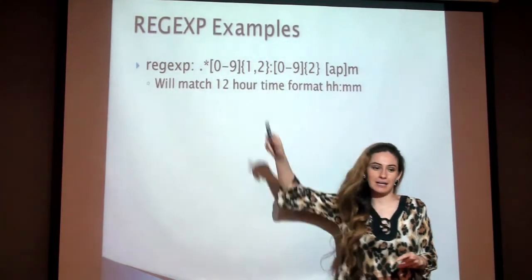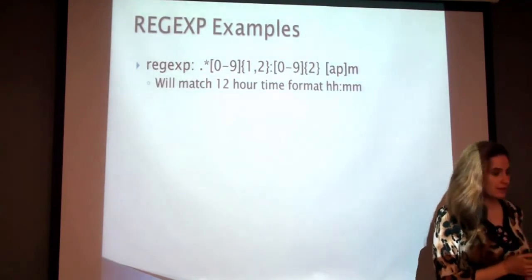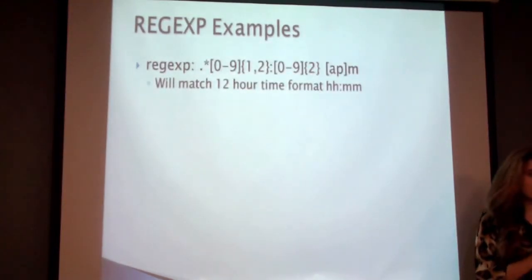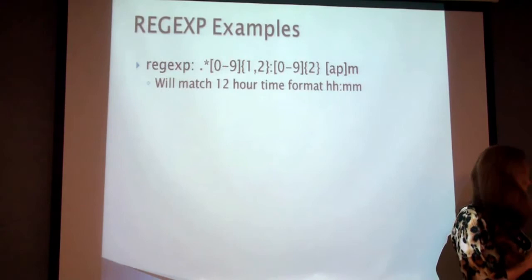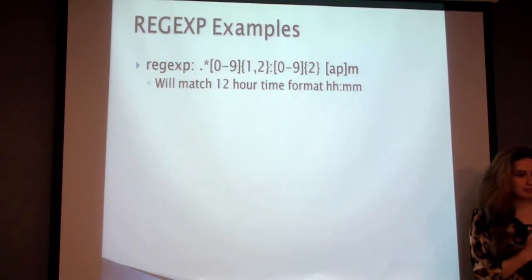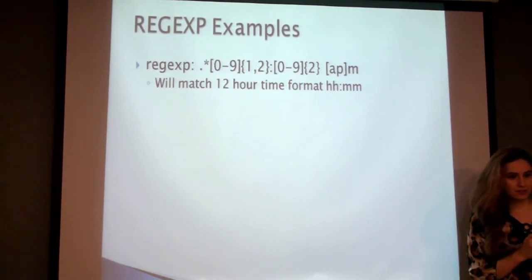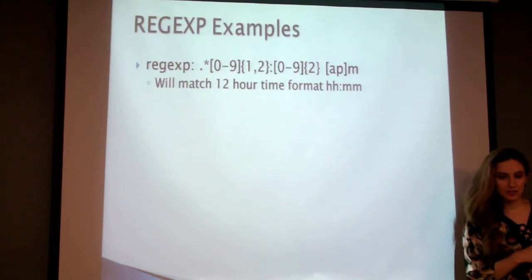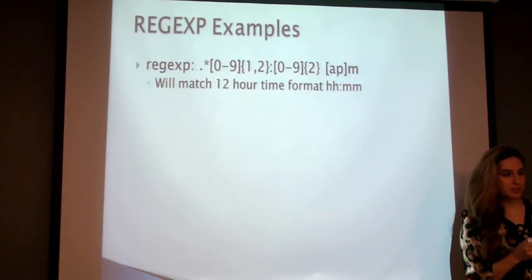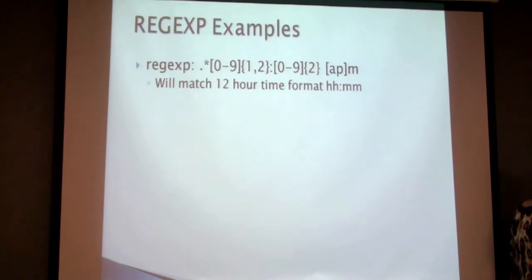There's something funky that happened here. Can we try to fix it? Let's try to fix it. So what are some of the problems here? Well, for minutes, we only have to 59, not greater than 60. So the first number can only be what? 0 to 1, right?